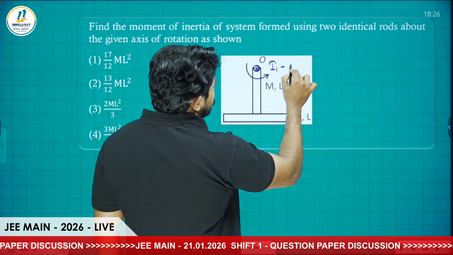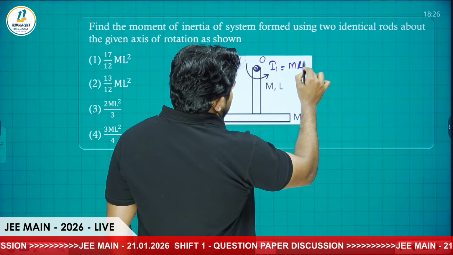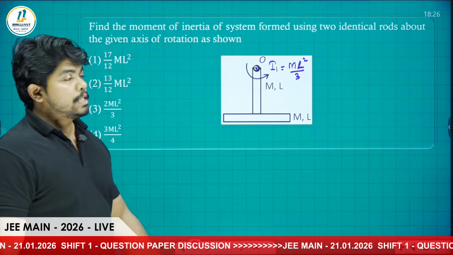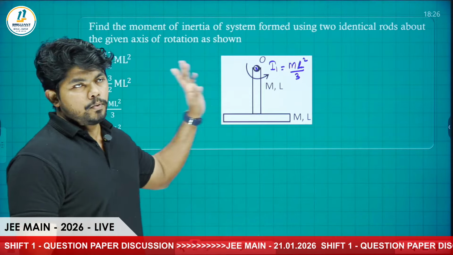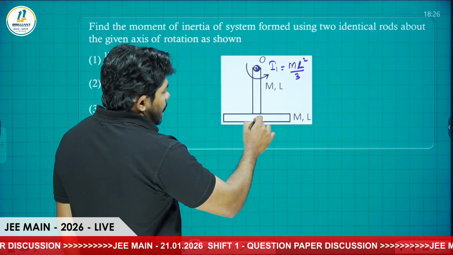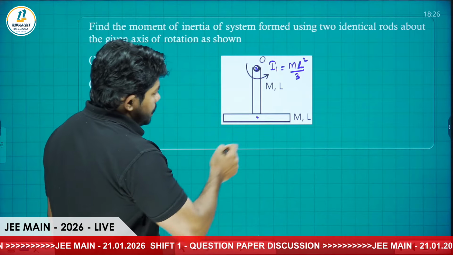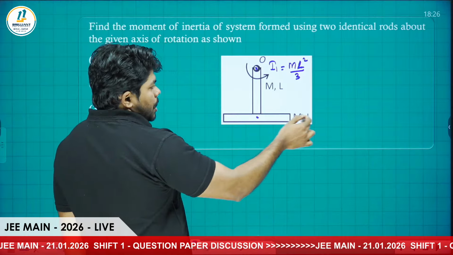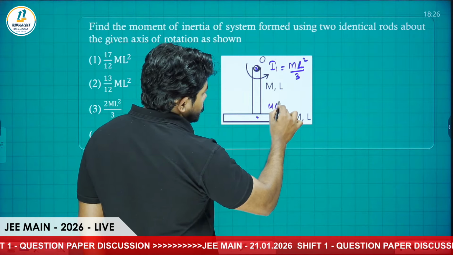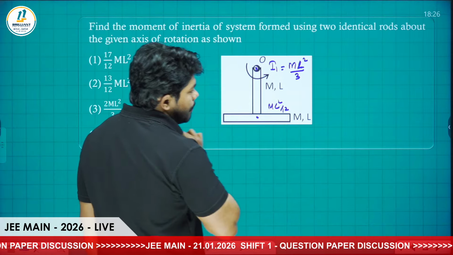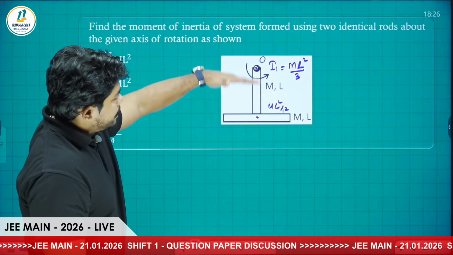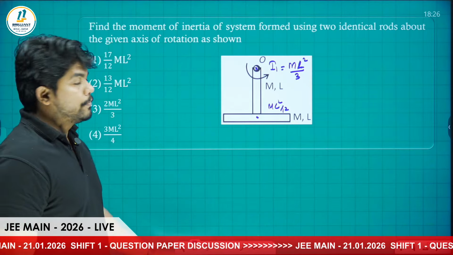So we can write I1 should be equal to m l square by 3, the moment of inertia about an axis passing through one end of the rod. And for this second part, what is the moment of inertia of this rod about its center of mass? That will be m l square by 12, and that is at a distance L from the pivot point.